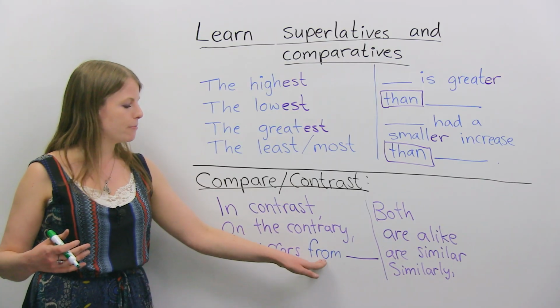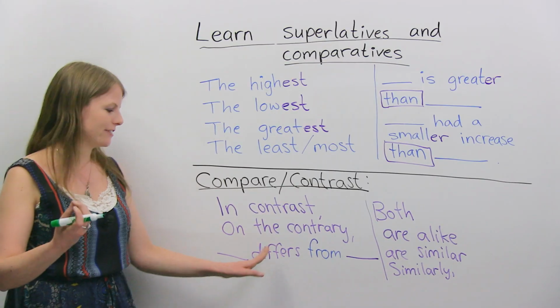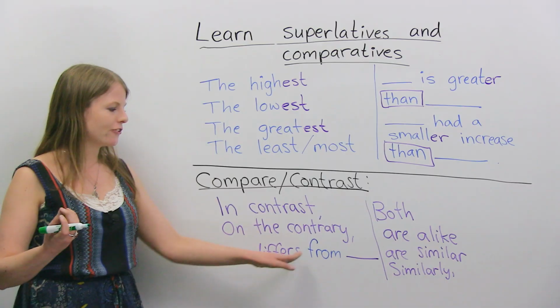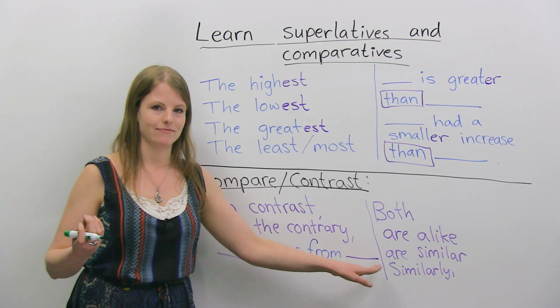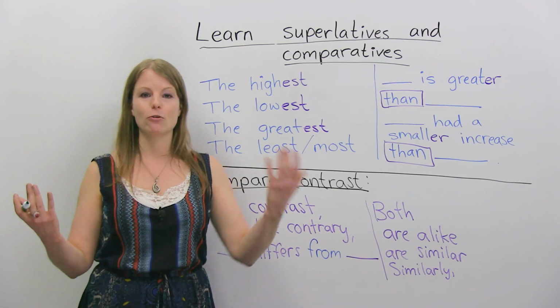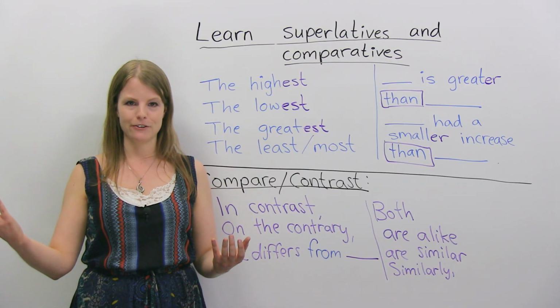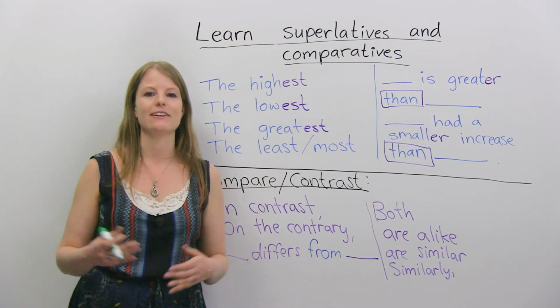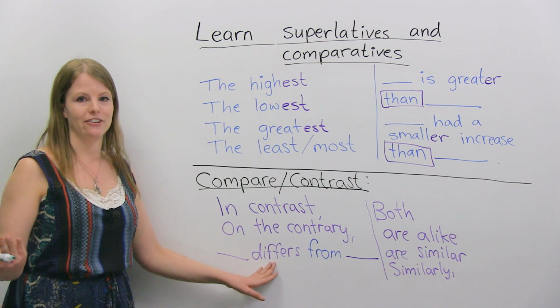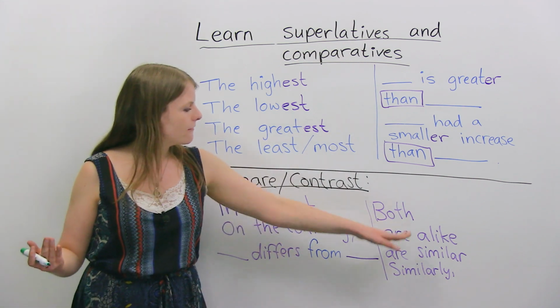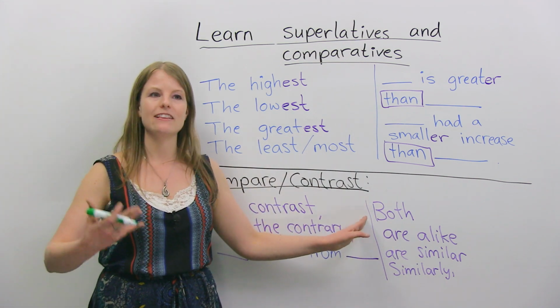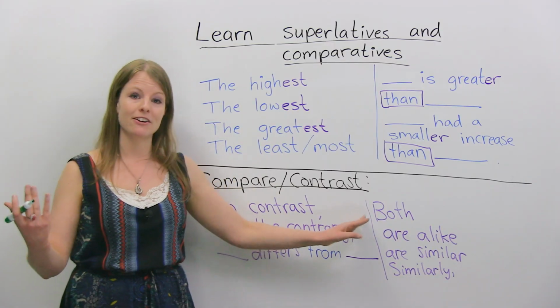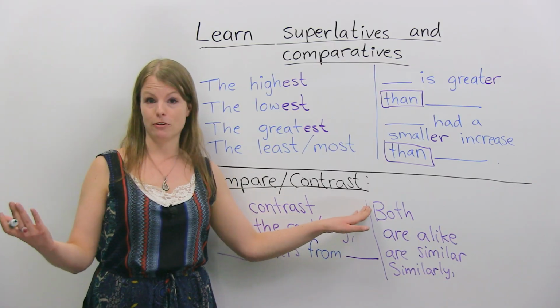Notice also the preposition that comes after differs. We say differs from something. If I wanted to talk about apples and oranges, apples differ from oranges. Very good vocabulary here to use. We also have words for when we're talking about how things are similar, when we're comparing things. So we have the word both.